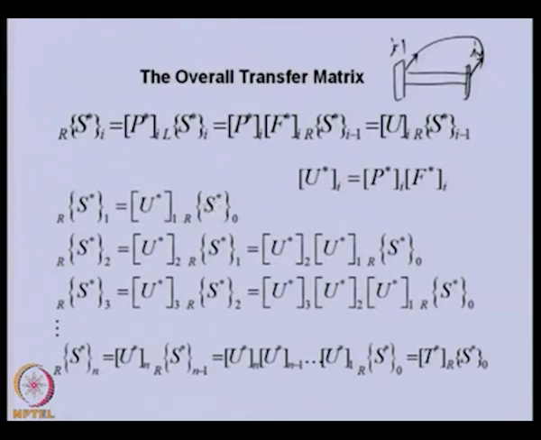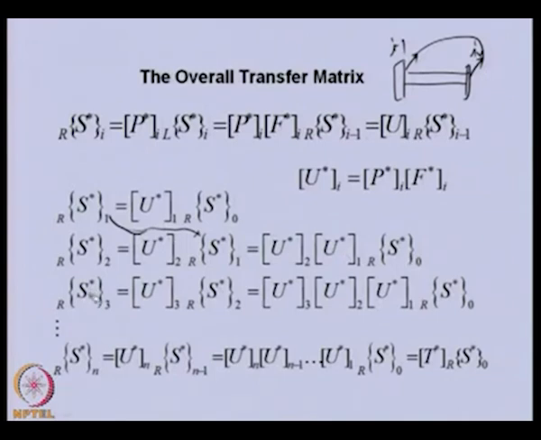Now, if I is equal to 2, right of 2 is equal to u2 times the state vector right of 1. Now we can substitute this here, and this will be u2 into u1 into the state vector at the 0 station.